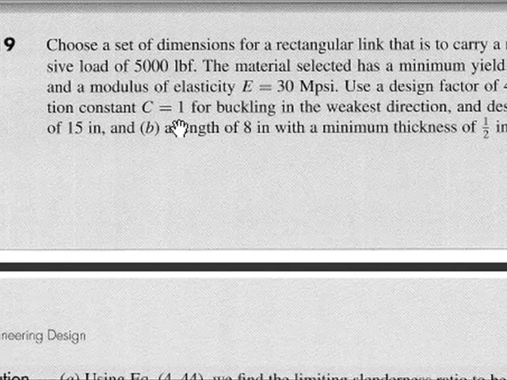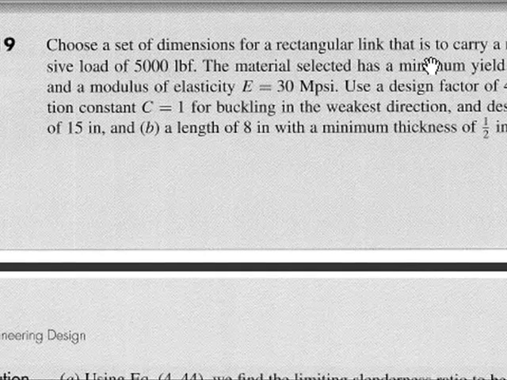It says, choose a set of dimensions for a rectangular column that is to carry a maximum compressive load of 5,000 pounds. Here is our material yield strength, 75 kpsi. Modulus of elasticity is 30 million. Again, we want to use a design factor of 4. And we have an end condition of 1 for buckling in the weakest direction.